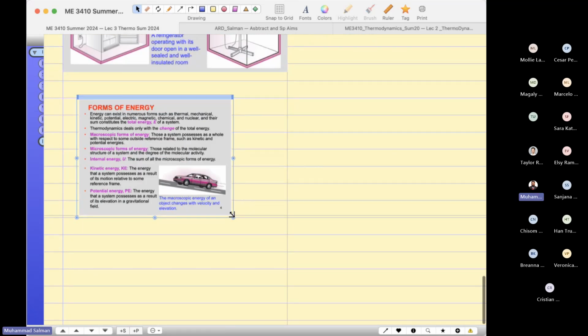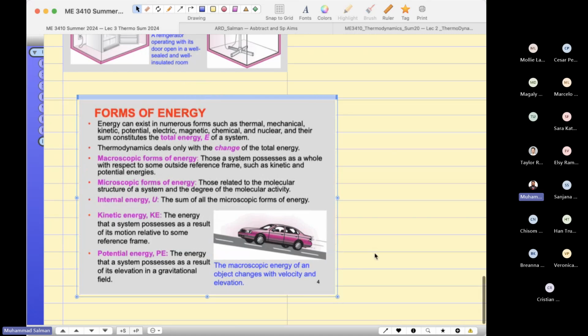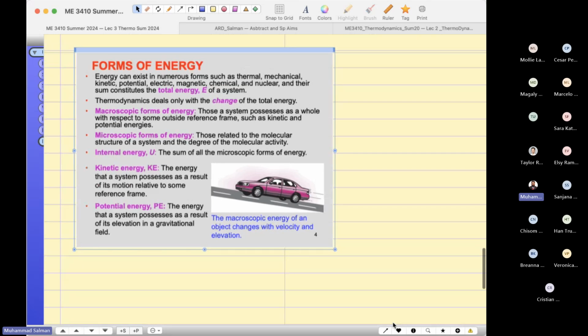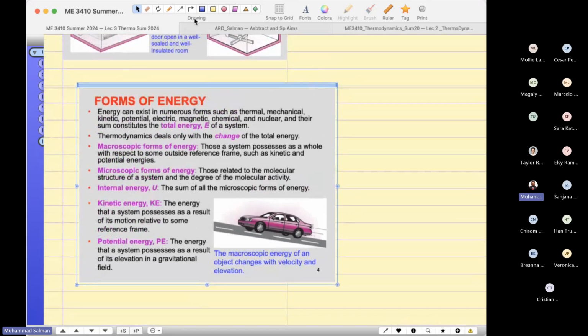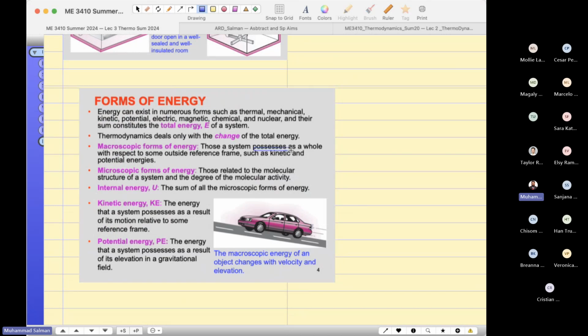Okay, this is the explanation. Now the different forms of energy. So as you can see, we have different forms of energy. Total energy is the sum of all the forms. Macroscopic, for example, kinetic energy, potential energy, and we are less concerned about the chemical energy or exothermic and endothermic reactions.